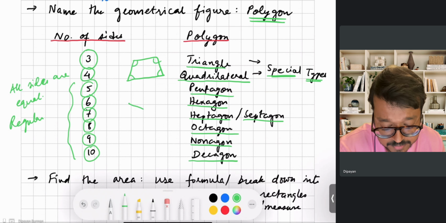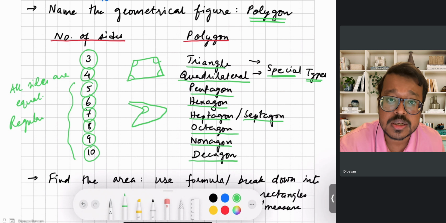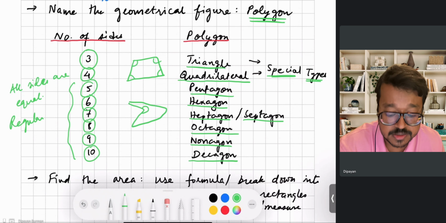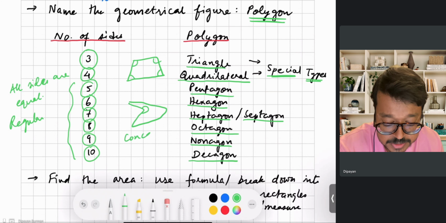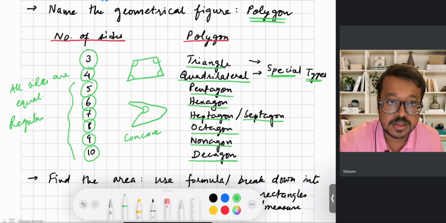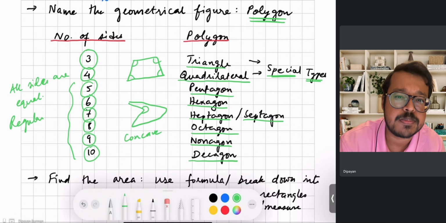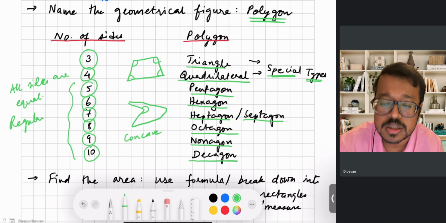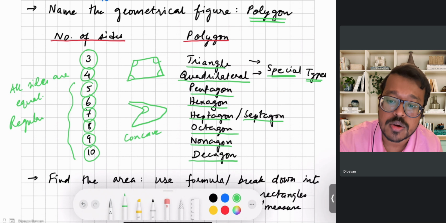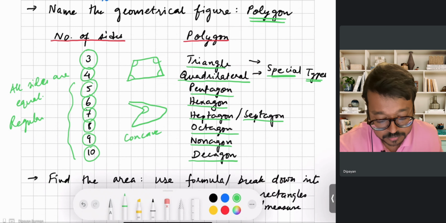But suppose if I have a quadrilateral like this, then one of the angles is more than 180 degrees. It's the reflex angle. In that case, this becomes a concave polygon. So if it's a convex polygon, we don't need to mention it separately, but if it's a concave polygon, it's better to write that it's a concave quadrilateral or a concave pentagon, anything.